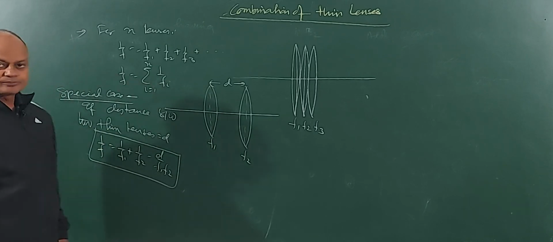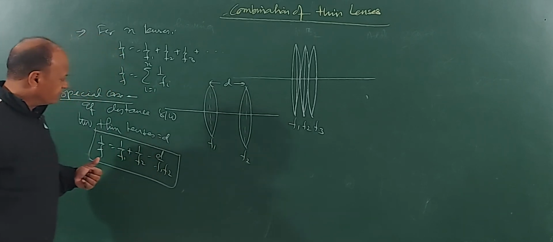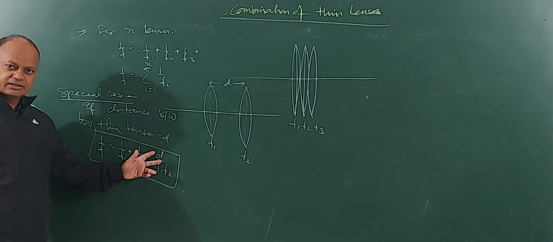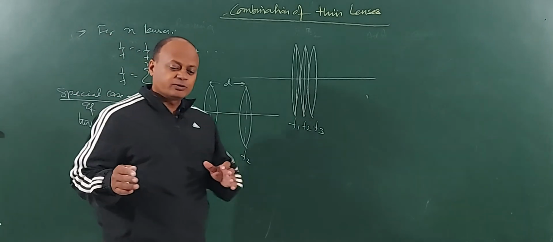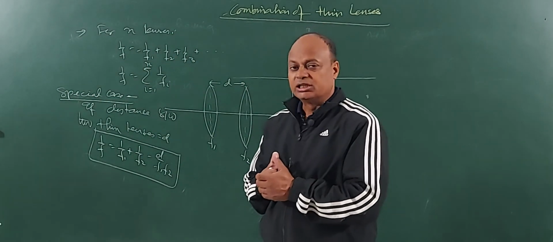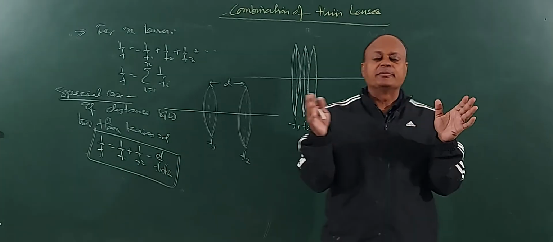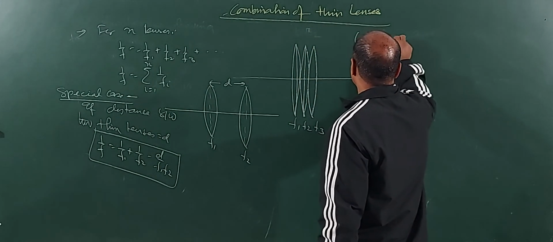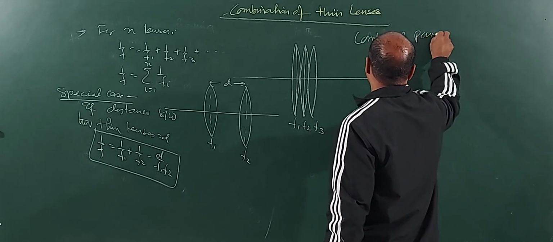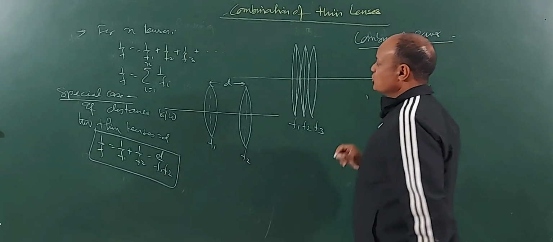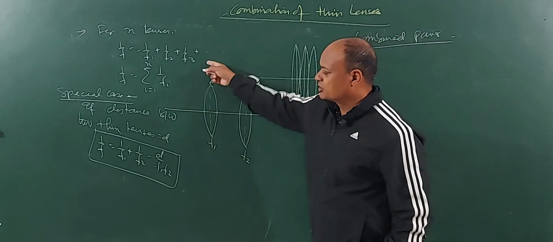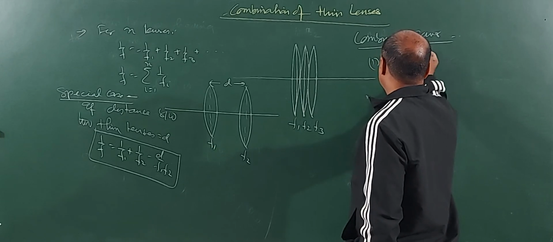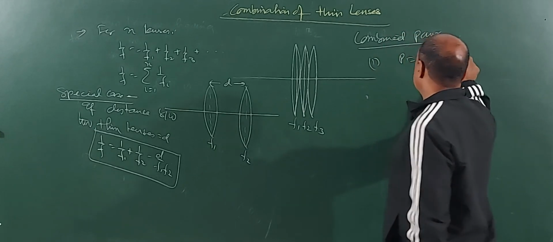So children, we understood what will be the combined focal length when the two lenses are separated by a distance D. Clear? Now, once you get the focal length of the combination, we can also calculate the combined power of a lens. We know that P is equal to 1 by f. So the first formula, for two lenses, is P equals P1 plus P2.